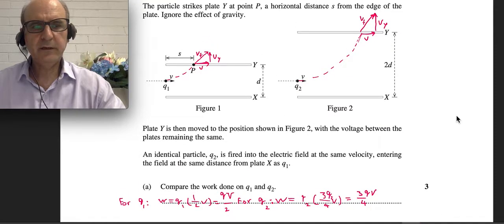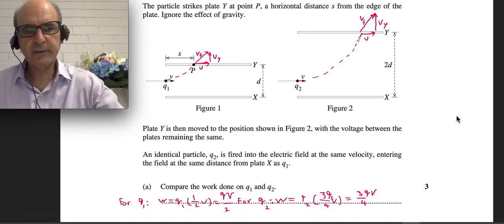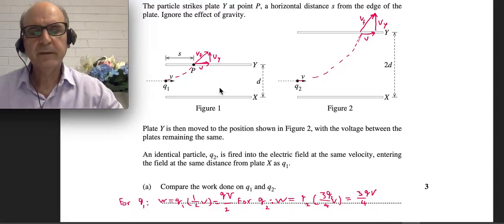We know that the work done on a charge inside an electric field is equal to the electric potential difference through which it moves times the amount of charge. So here our charge is Q1.